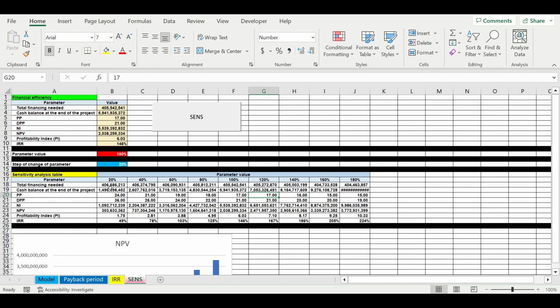So here we can see what will happen with the project if the amount of checks will rise or decrease.